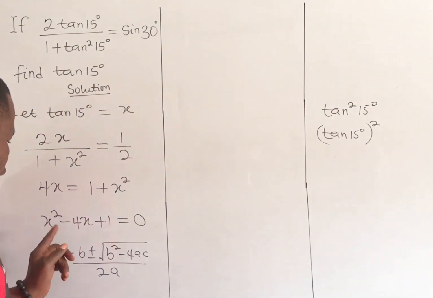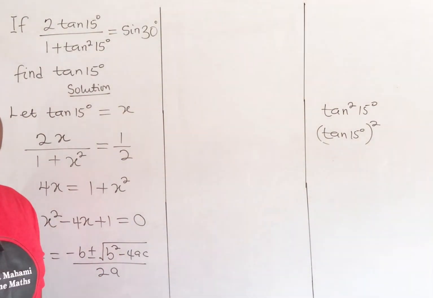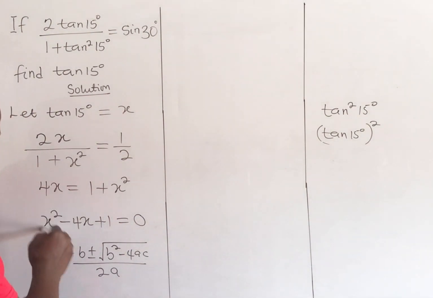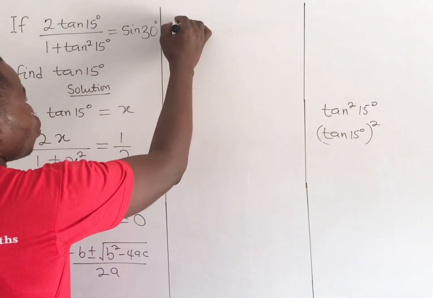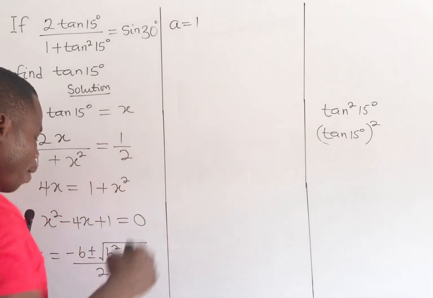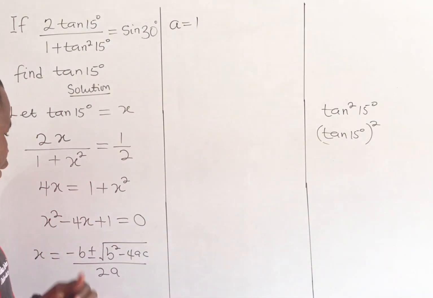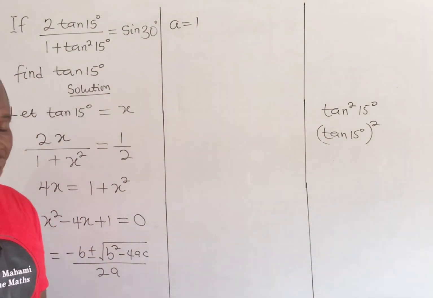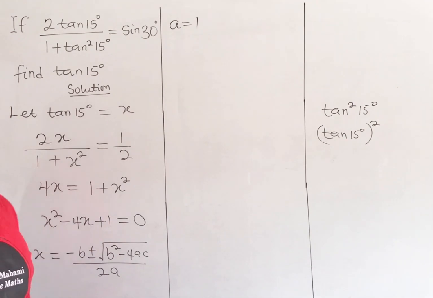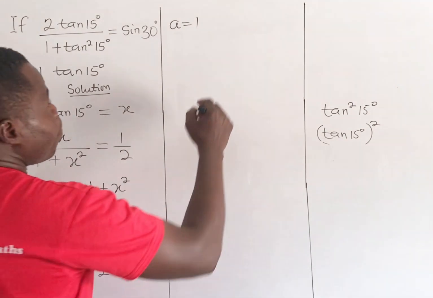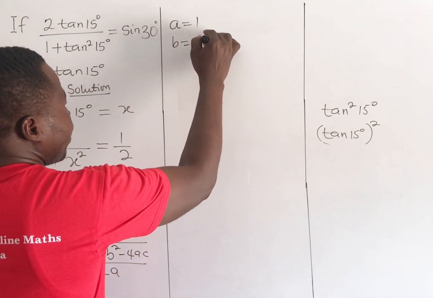The value of a is the coefficient of x squared, and here the coefficient is 1. That means that my a is equal to 1. The b value is the coefficient of x, and here the coefficient of x is minus 4. That means that b is equal to minus 4.